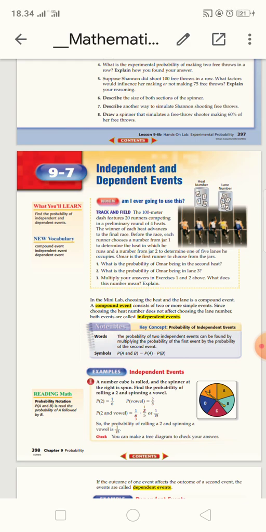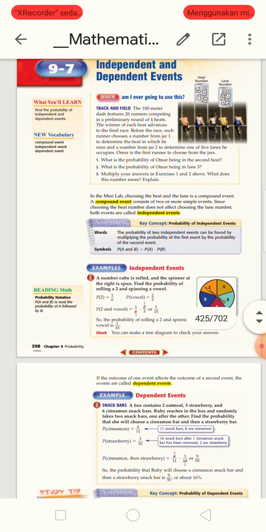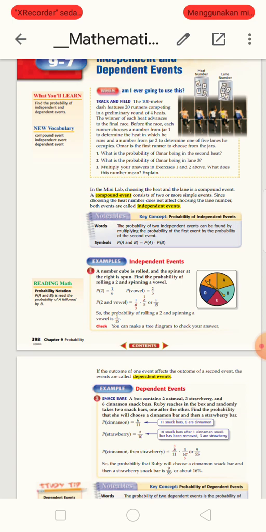Example: independent events. A number cube is rolled and the spinner at the right is spun. Find the probability of rolling a 2 and spinning a fowl. P(2) = 1 by 6.